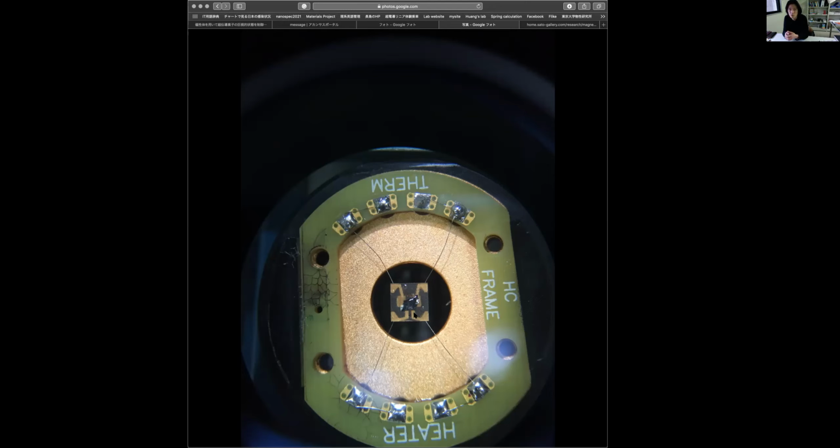But in the relaxation method, you have to measure the relaxation time of the temperature. You add some heat, turn off the heater, and see the relaxation of the temperature of the platform, including the sample. Then you can calculate the heat capacity.